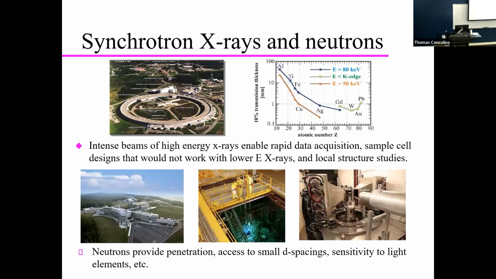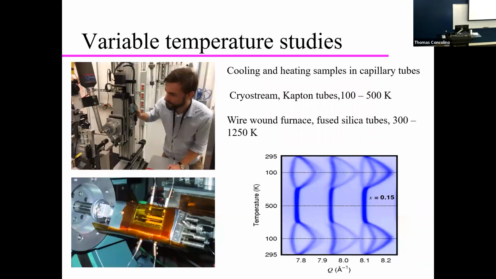So the work I'm actually going to present was done either here at the Advanced Photon Source, Argonne National Lab in Chicago, or at Oak Ridge National Lab using the Spallation Neutron Source or High Flux Isotope Reactor. Wonderful facilities. When we're doing variable temperature studies, which is one of the things we very commonly do for the synchrotron, we may be using a device like this.